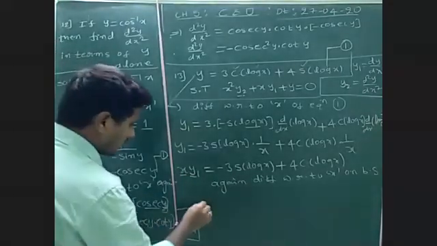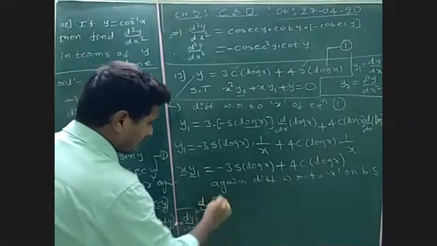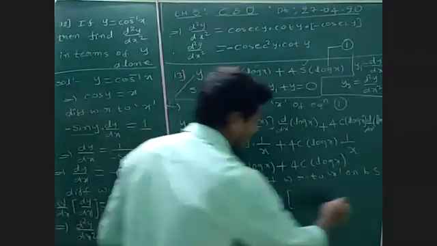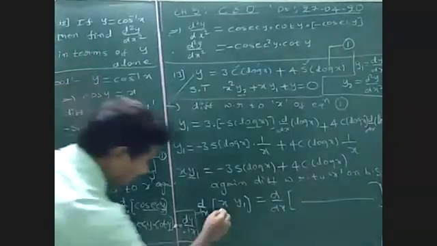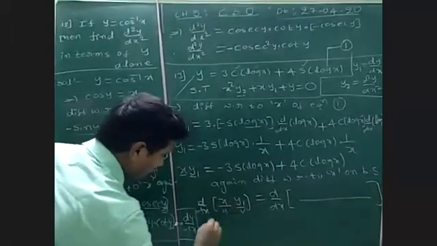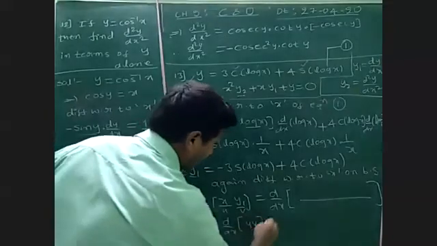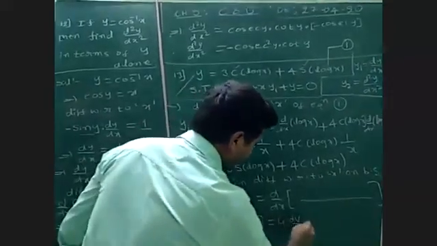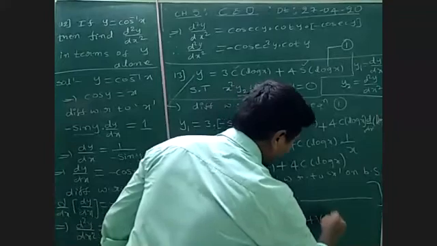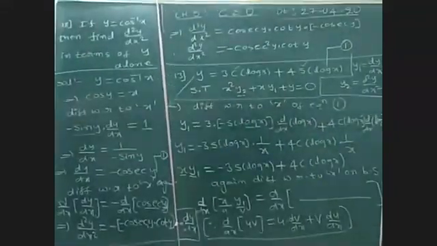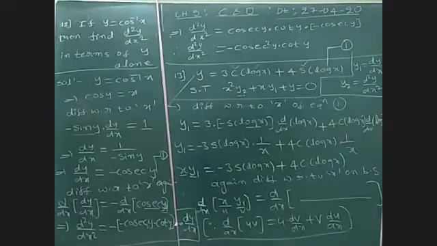So I want to write d by dx of x y1 is equal to d by dx of the total function here. So I need to apply here the u v formula. Already we know that d by dx of uv, product rule, is u into dv by dx plus v into du by dx. Everyone remember the product rule, very important.